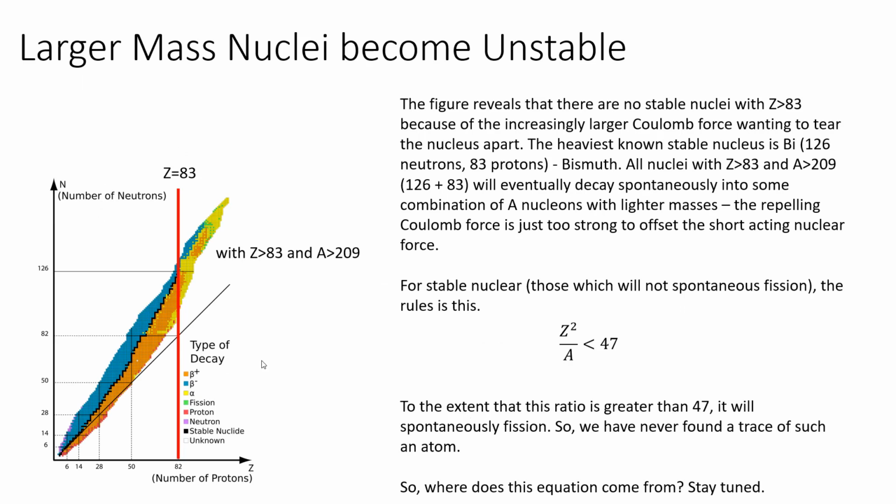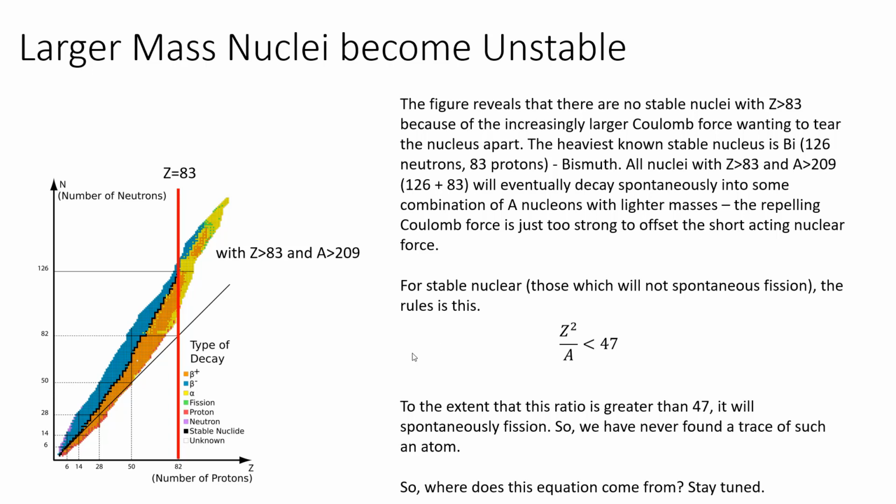I've presented this previously, but let me present it again. This figure reveals that there are no stable nuclei with Z greater than 83, because of the increasingly larger Coulomb force wanting to tear the nucleus apart. The strong nuclear force is still there, but now we're getting a higher ratio of protons, and that's why the nucleus becomes unstable.